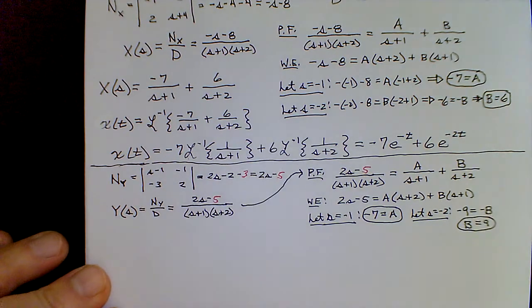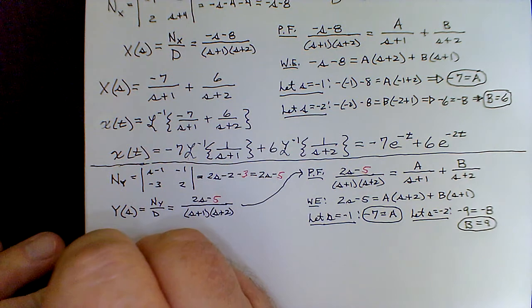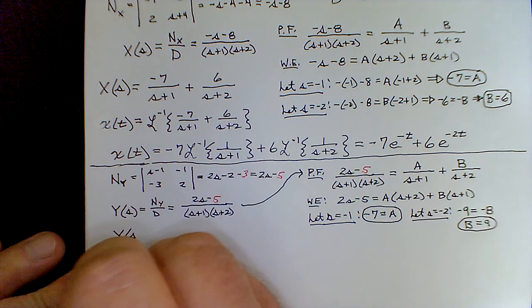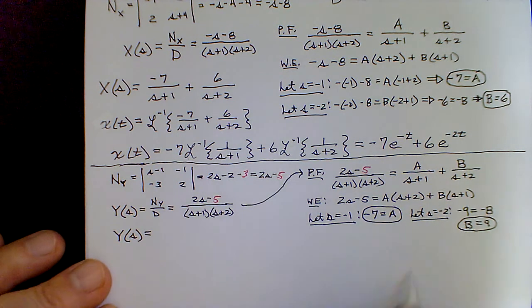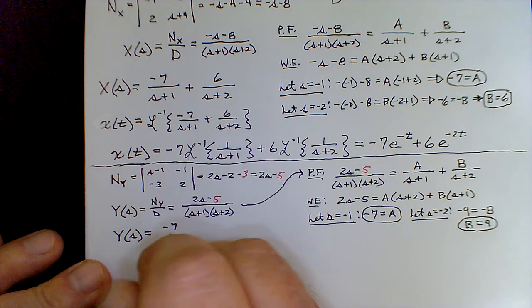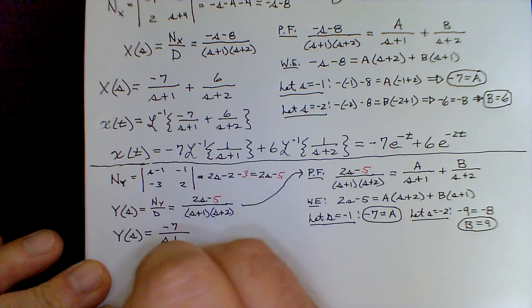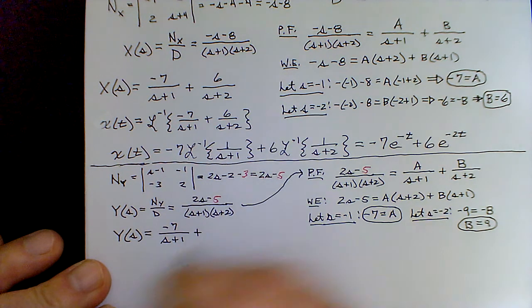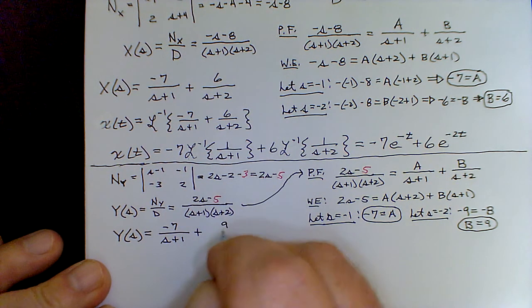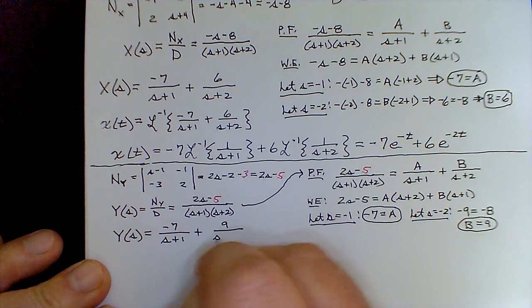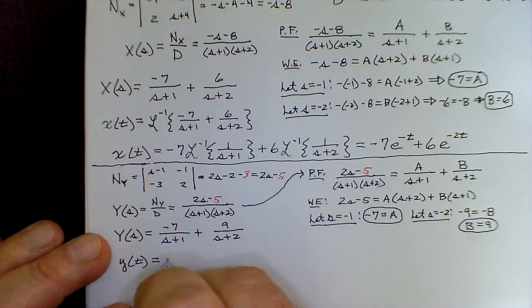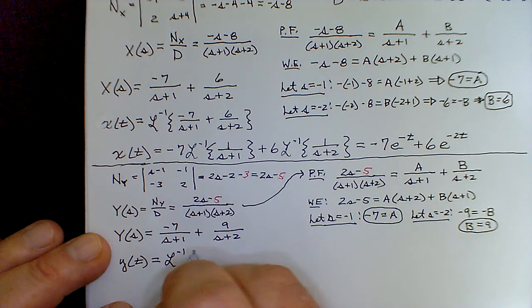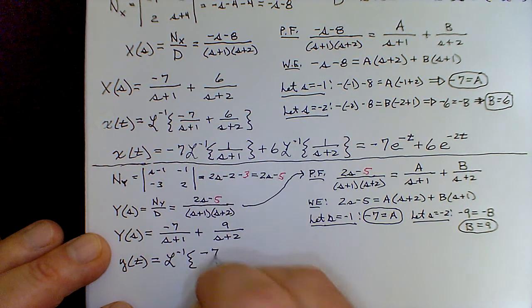Okay, so now Y of s by the partial fraction decomposition here, A negative 7 over s plus 1 plus B 9 over s plus 2. And finally, we could do the inverse Laplace for y of t. So y of t, the inverse Laplace of that result.